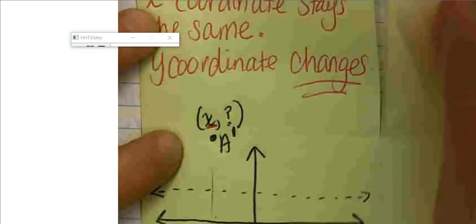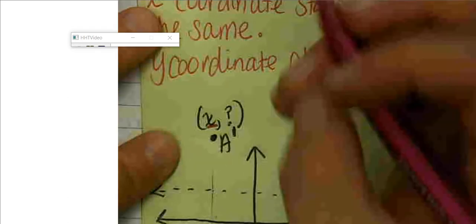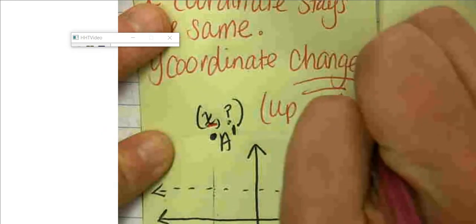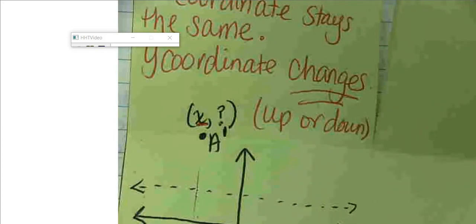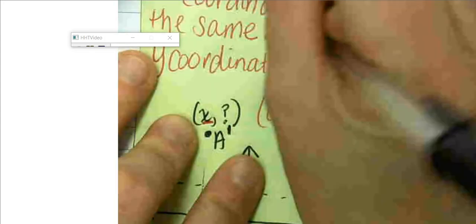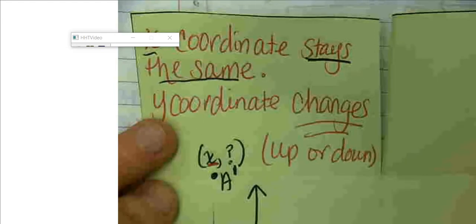This is because the point was moved up or down, depending on what we have going on. So this x coordinate stays the same. X stays the same. That's what I want you guys to note.